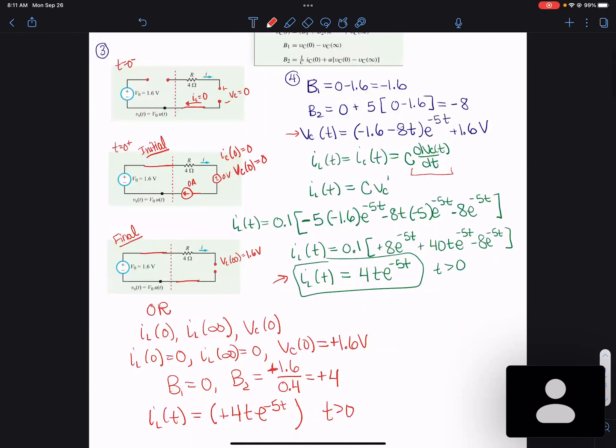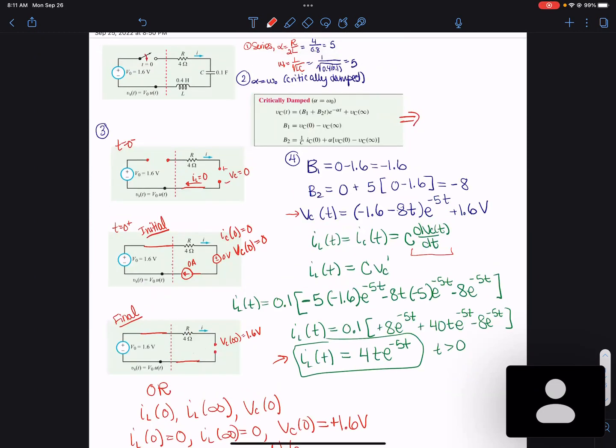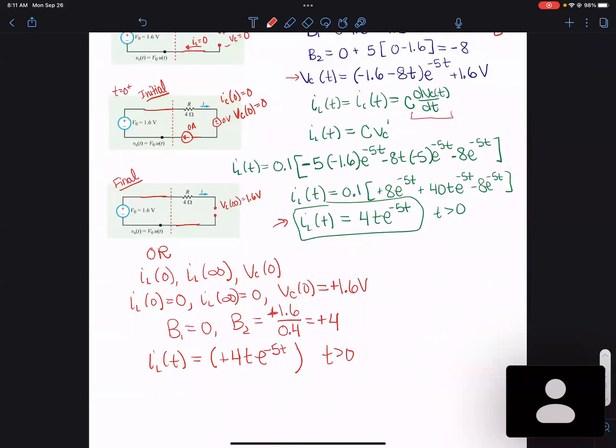The difference is that you substitute the variables: v_C(0) goes to i_L(0), v_C at infinity goes to i_L at infinity, i_C(0) becomes v_C(0), and the i over C becomes i over L. Just swapping those variables, we go through the same procedure, find i_L(0), i_L at infinity, v_C(0), then B1 and B2 the same way, and you yield the same result.